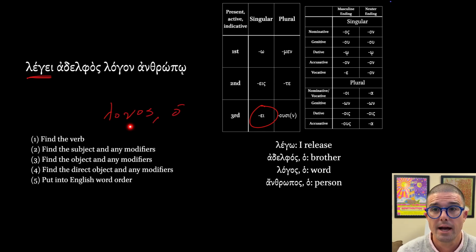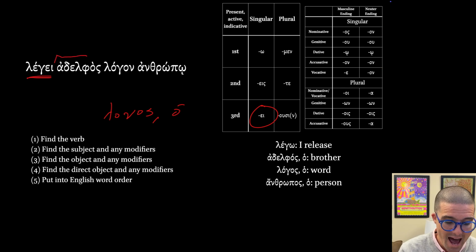So the lexical form or the dictionary form or the vocabulary list form is always going to be the nominative singular. So the nominative singular is logos with this ha after it indicating to us it's masculine. So we know that this form is actually going to be the accusative singular, right over here, though it looks the same as the neuter nominative singular and also the neuter accusative singular.